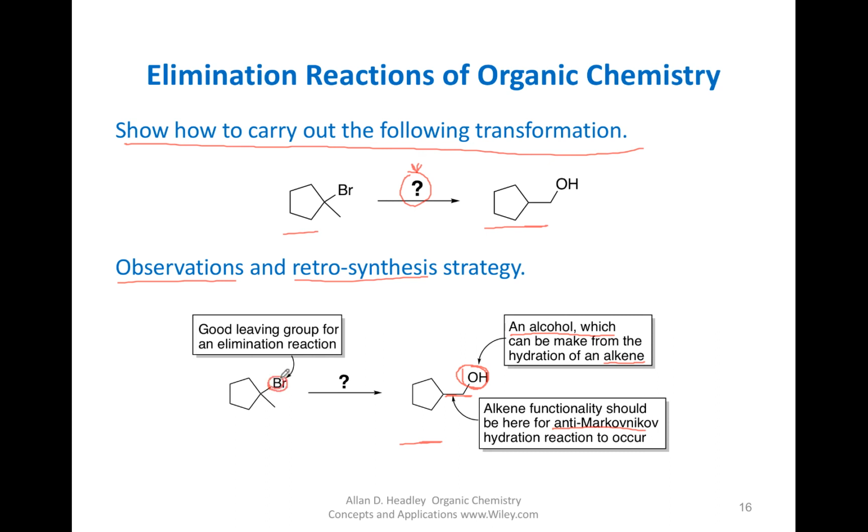So we can easily make here an alkene. So we know we need to make the alkene right here. So we have to make a careful selection here in the type of base for that elimination reaction. So you can see here we are applying the concepts that we have learned to solving a synthesis problem.